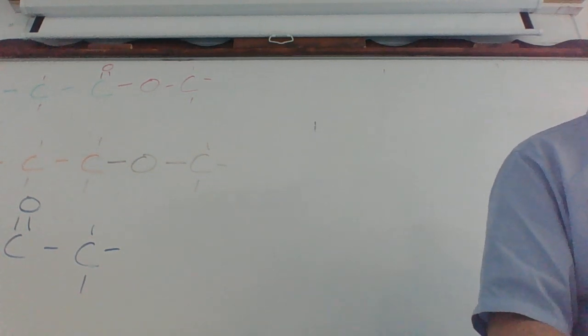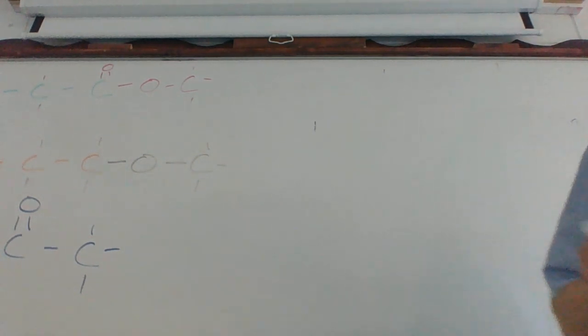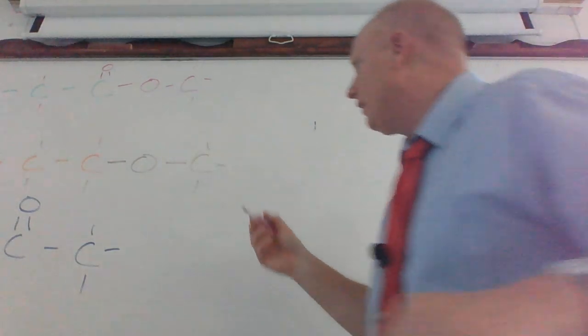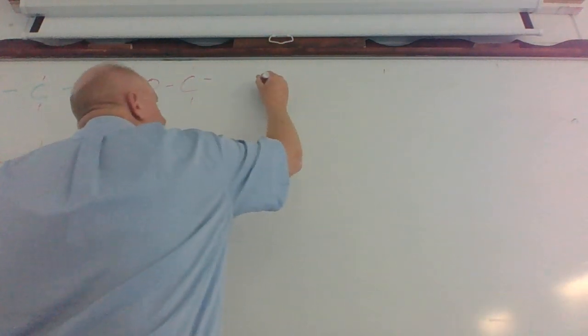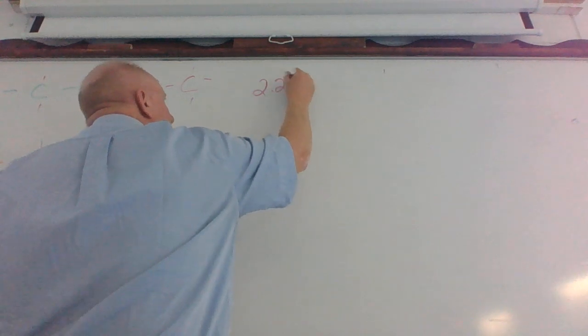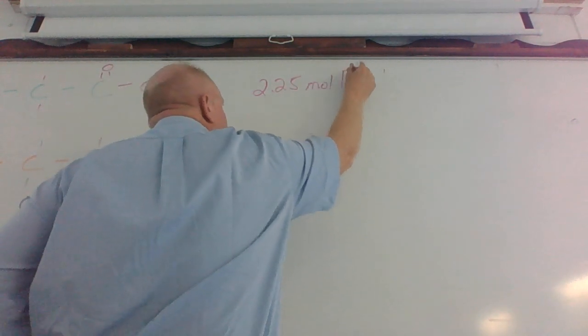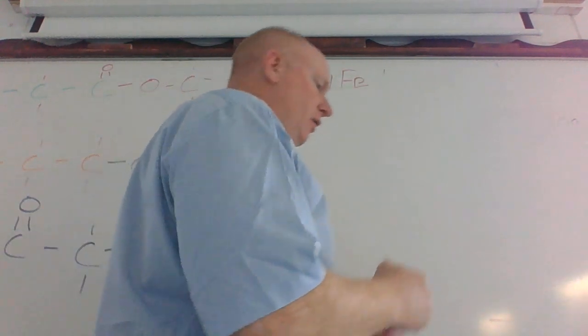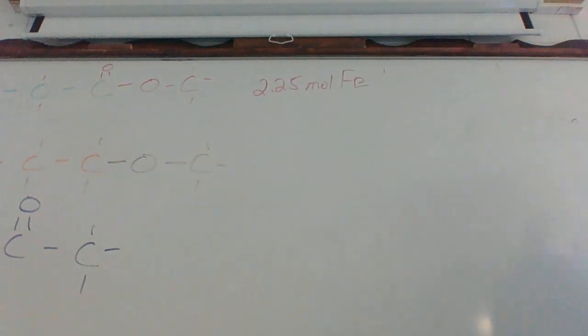Okay, but regardless, we've got this 2.25 moles of iron. So again, we really can't describe what a mole of iron is in this sense. It's just a counting unit. Okay? That's all it is. Don't get so hung up on the terminology.